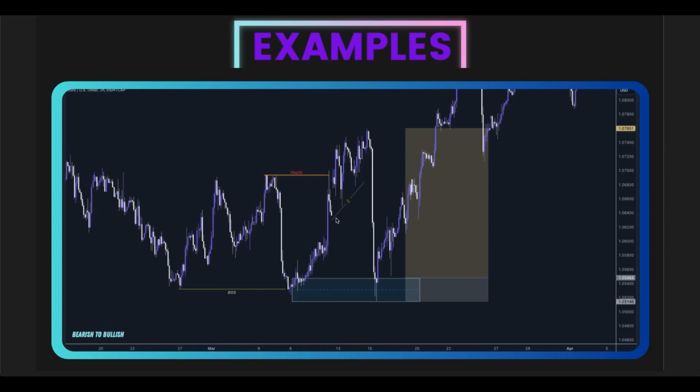This one right here. Price creates some more internal liquidity going up, and then finally shoots back down pretty aggressively, taps into this order block right here, and then price rejects really strongly towards the upside, targeting this set of liquidity or whatever set of liquidity you want.